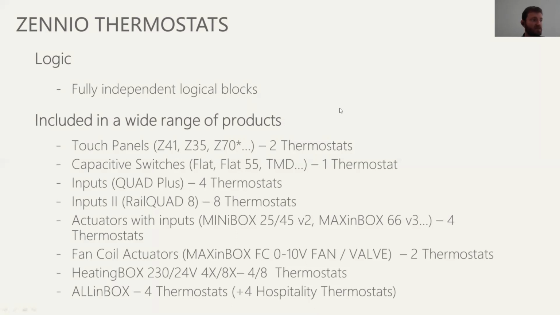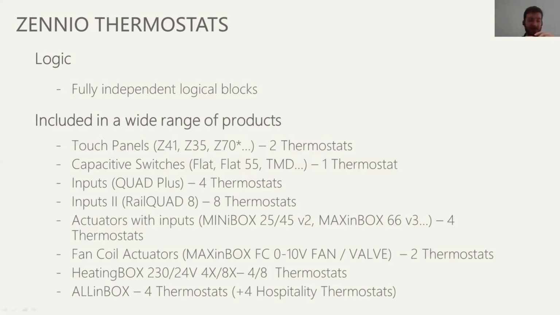All the devices with inputs, so the Quad Plus with 4 inputs has 4 thermostats. The Rail Quad, which is 8 inputs, has a thermostat. And just to mention, not the devices with binary inputs, but the devices with analog digital inputs.